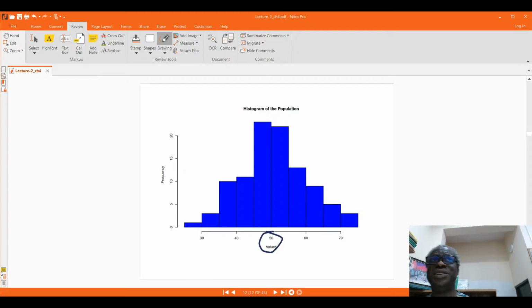In the normal shape, you have equal spread around the center. The standard deviation of the population is 10.